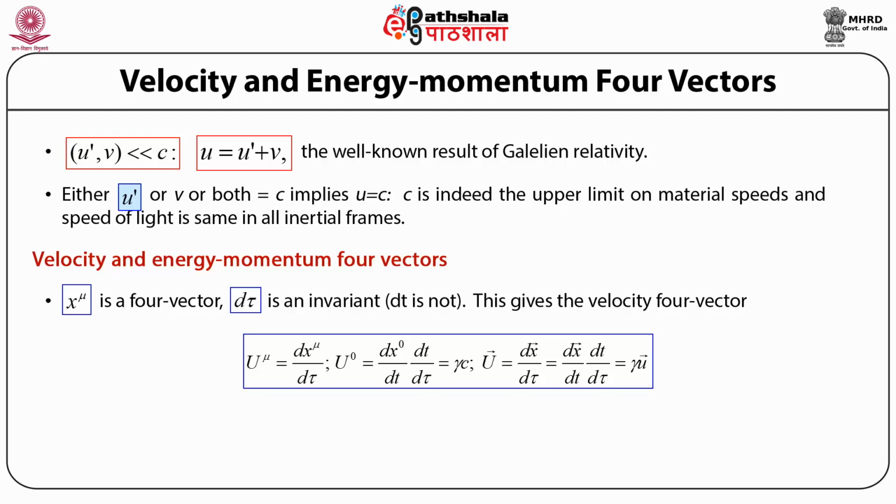If we look at the different components of this velocity 4 vector, we have u superscript 0 equal to dx superscript 0 by dt times dt by d tau.